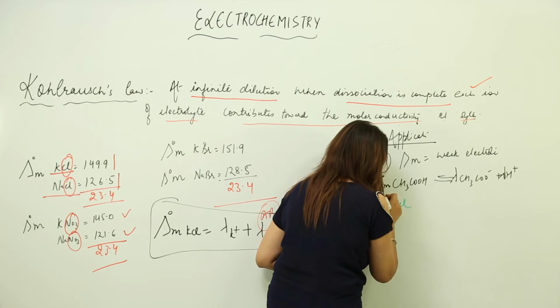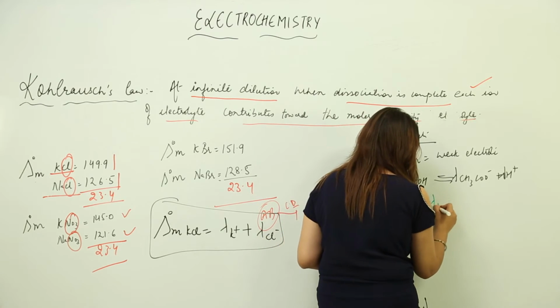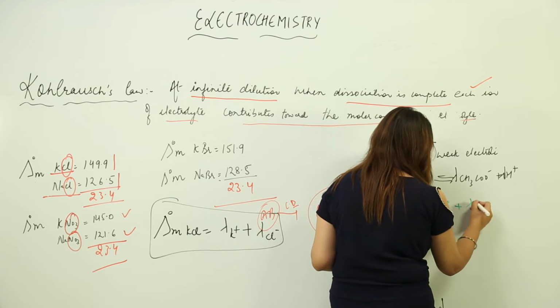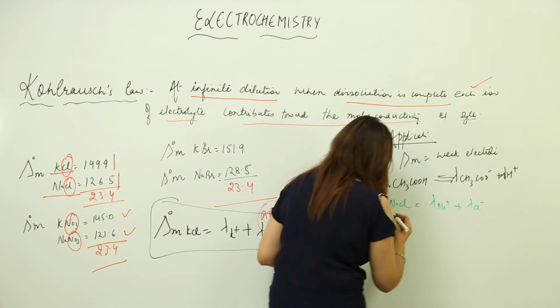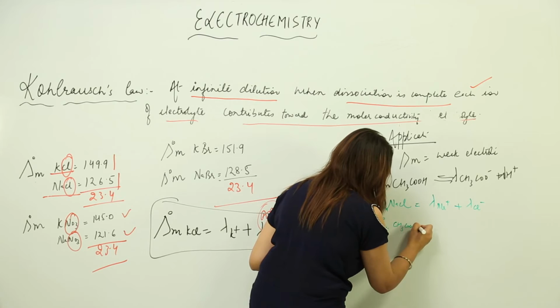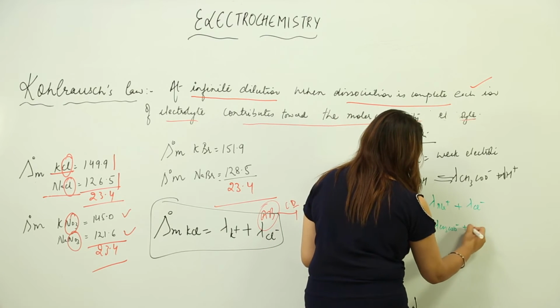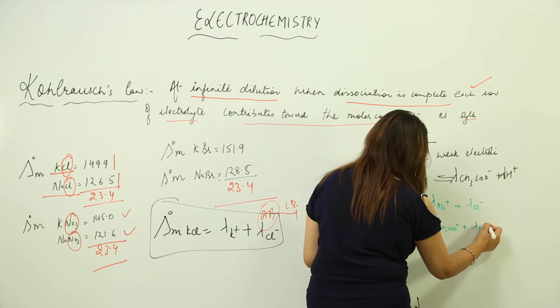So the molar conductivity for NaCl is lambda Na positive plus lambda Cl negative. Again, let's take another example, let's say CH3COONa, then it is going to be the conductivity due to CH3COO negative and the conductivity due to Na positive.